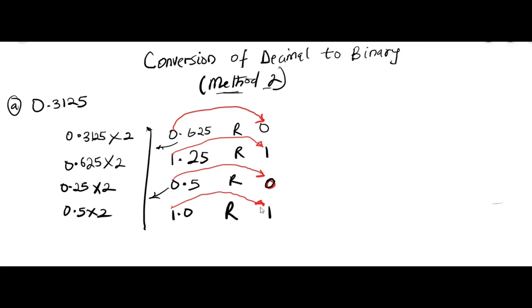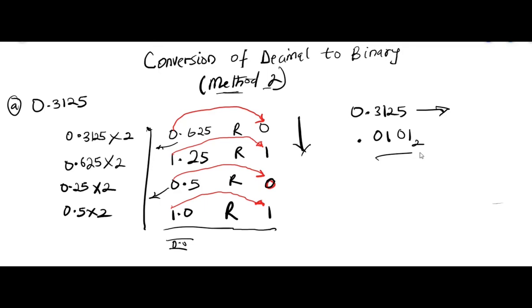When we take this one out, what we are going to be left with here is 0.0, so everything ends here. All right, so now we are going to take it from top to the bottom, right? 0.3125 in binary is, we have the point, then 0 1 0 1 in base 2.